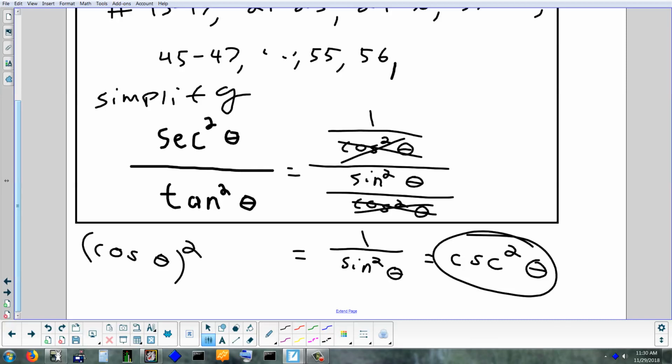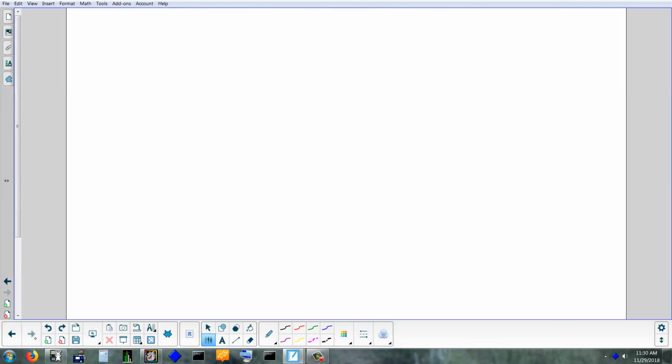All right, so let's take a look at some of the stuff that is on the test. First thing we talked about early on was angles: terminal side, initial side, coterminal, acute, obtuse.